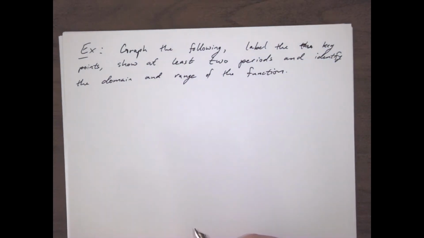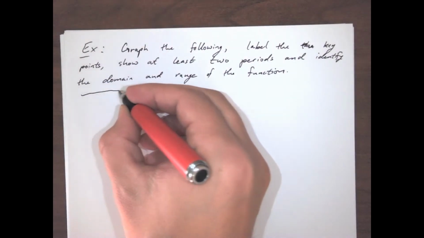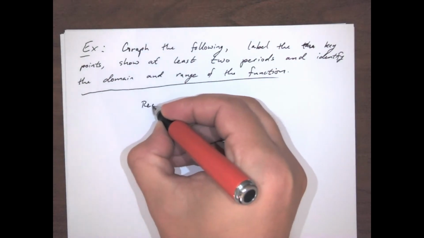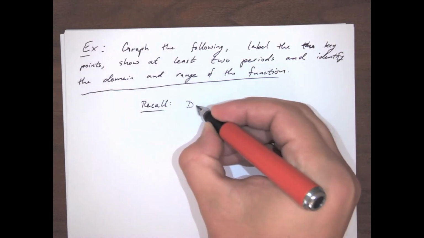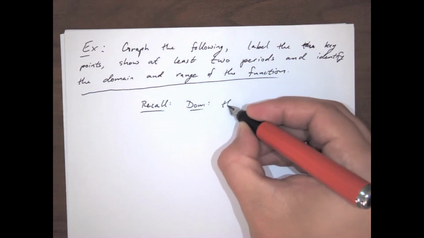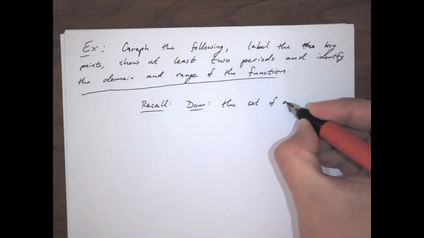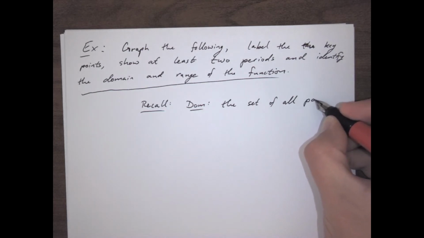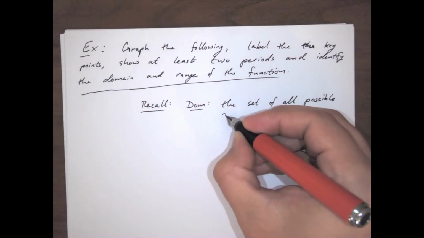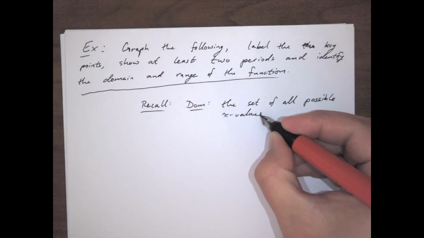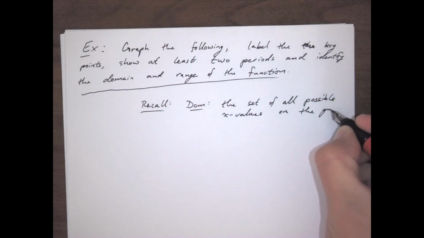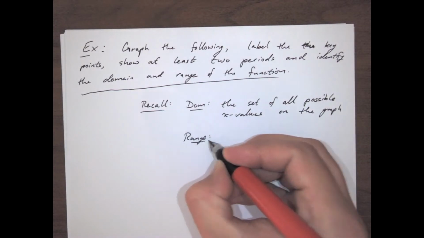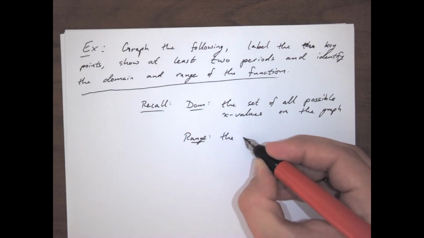of the function. Now, before we actually get into this, let's remind ourselves what the domain and range referred to. So recall, domain is the set of all possible x values on the graph. And range is the set of all possible y values on the graph.